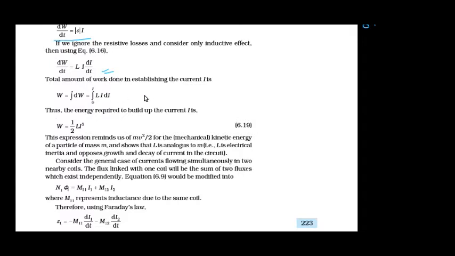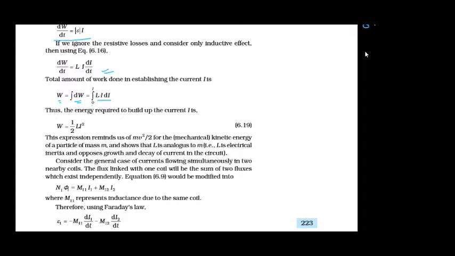Now, the total amount of work done. If we want to find out the total amount of work done, then we'll integrate it. Integration of dW, and integration of L i di from 0 to I. Integration of dW will give W, and integration of L i di from 0 to I will give I square by 2.